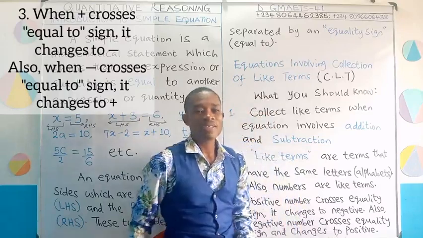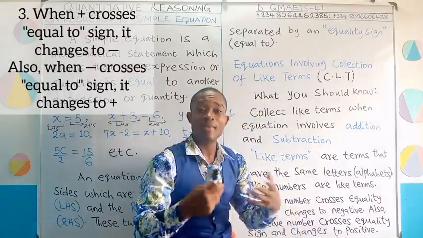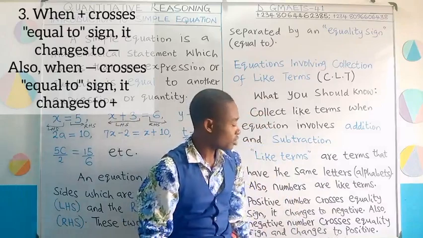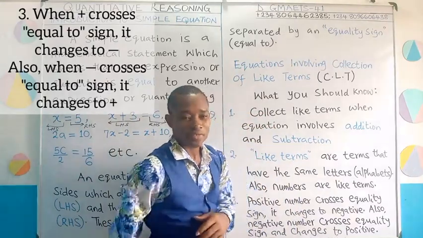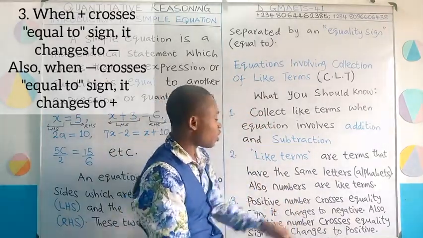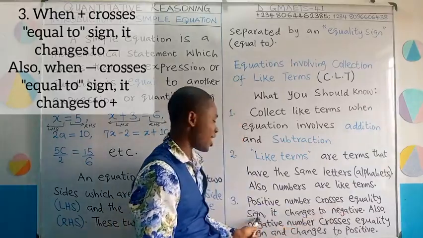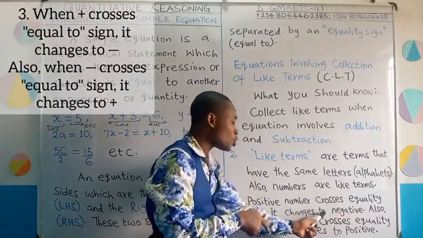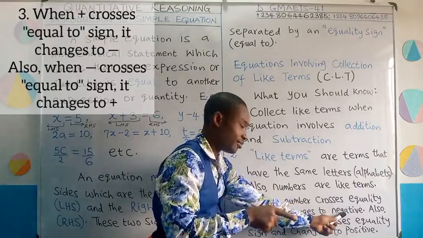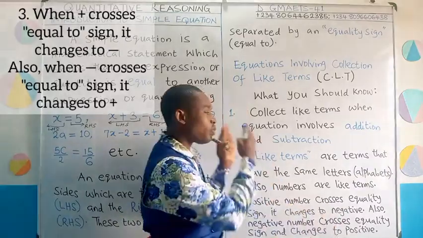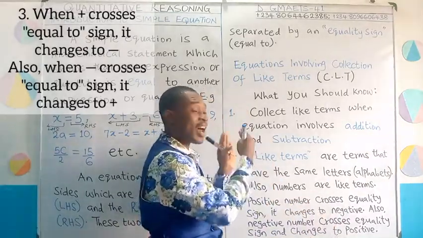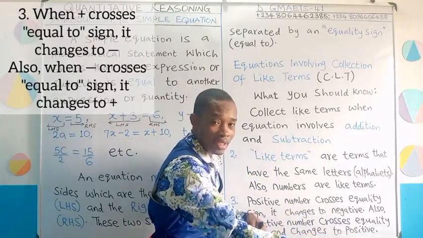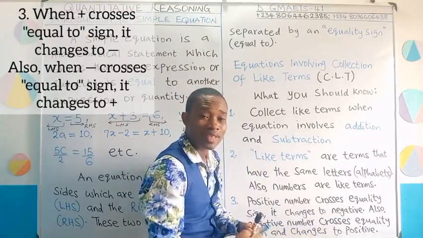When numbers or alphabets are crossing equal to, you want to take note of this. And what is that thing that you need to take note of? Positive number crosses equality sign, it changes to negative. So if you have plus a number or plus an alphabet crossing the equality sign, it will change to what?